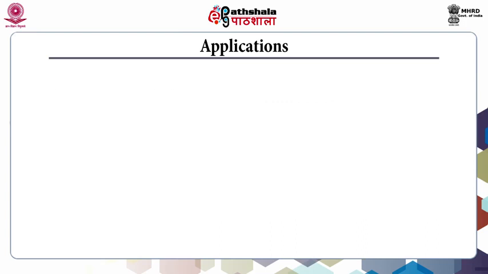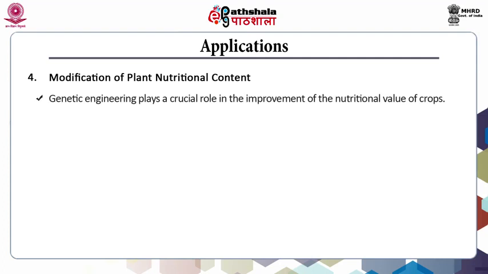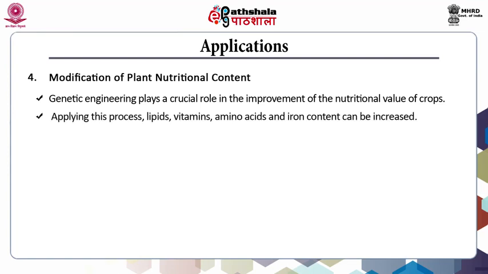Now, the next application is the modification of plant nutritional content. Genetic engineering plays a crucial role in the improvement of the nutritional value of crops. Applying this process, lipids, vitamins, amino acids and iron content can be increased.